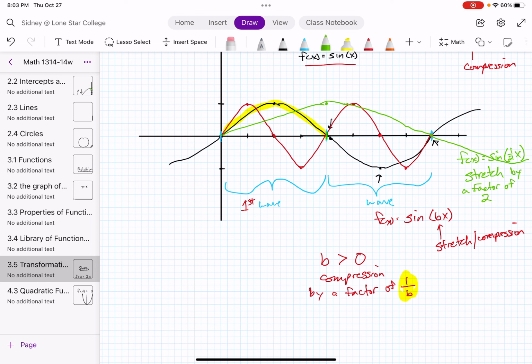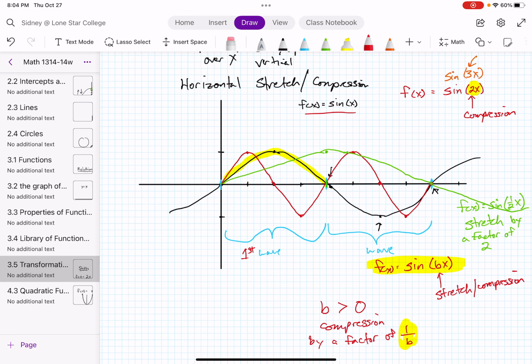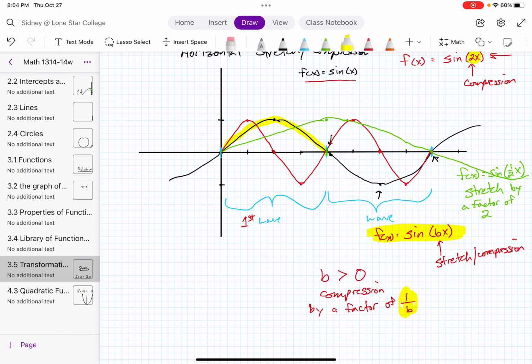So when you have a number being multiplied on the inside, right there, with that x, it is going to be a stretch or compression, but it's going to be the multiplicative inverse of the number that's actually there. So when we had sine of 2x, that was actually a compression by 1/2. Sine of 3x would be a compression by 1/3. And a sine of 1/2 x would actually be a horizontal stretch by a factor of 2.